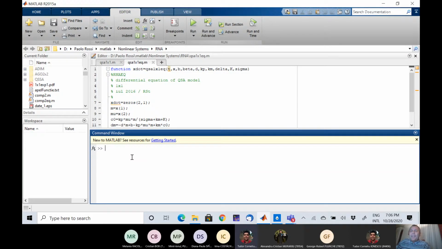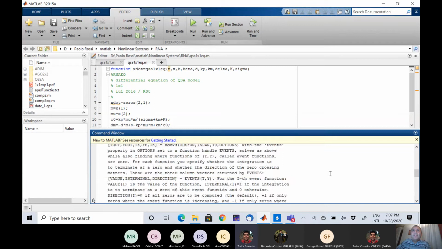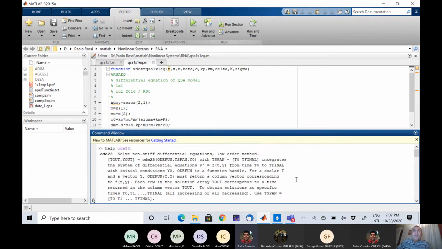Right now, there are basically two main routines. There are several others, but the routines which compute solutions to nonlinear systems are of a certain type. You might have heard the name Runge-Kutta.